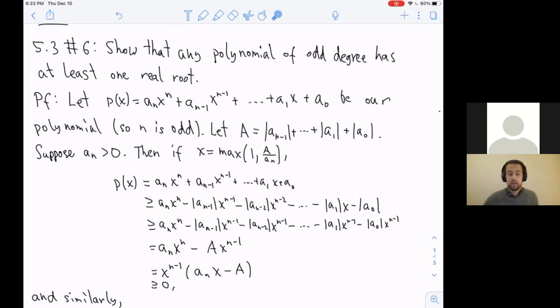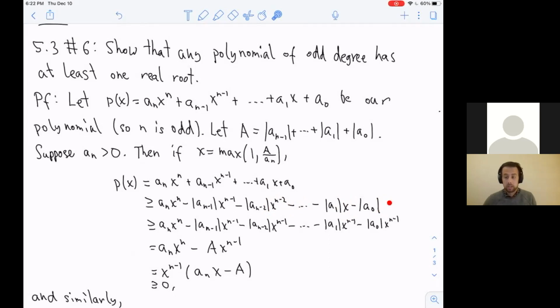Then I want to say x is at least as big as 1. So x^{n-1} is at least as big as x^{n-2}, because we've multiplied by another x. And same with x^{n-3}, which is smaller than or equal to x^{n-2}. So if we turn all of these things into x^{n-1}, I multiply this by x, I multiply the next one by x squared, I multiply this by x^{n-2}, I multiply this by x^{n-1}.